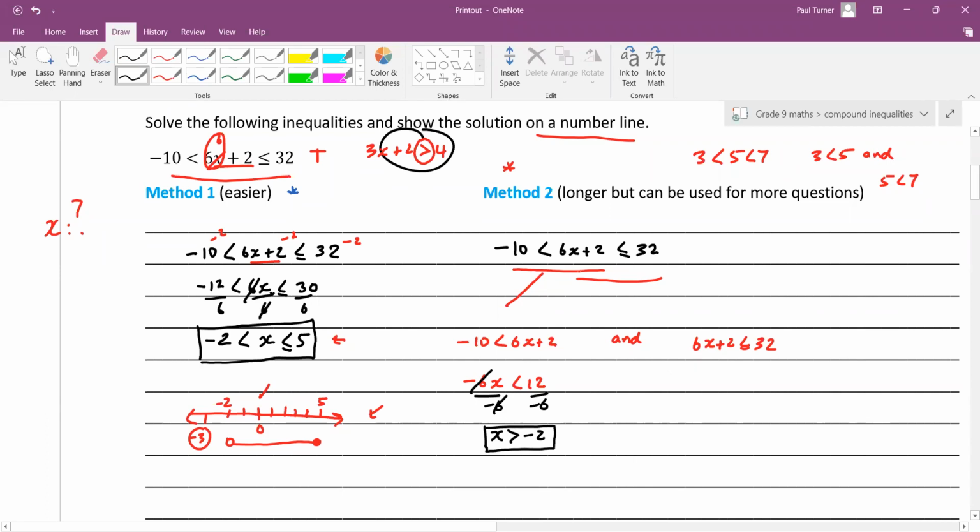And then we do the same for this side. So we're going to have 6x is less than or equal to 32 minus 2. Okay, and 32 minus 2 is 30. So 6x less than or equal to 30. Now we want to get rid of our 6, so let's divide by 6. Like that.